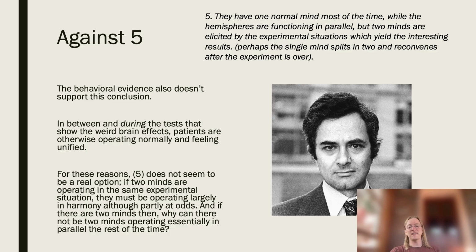And what's particularly interesting as a reflection by Nagel on these cases is that in the experimental conditions, where it looks like there might be two minds living simultaneously at once, the behavioral evidence doesn't seem to support either a one-mind or two-mind hypothesis, precisely because the behavior of the two hemispheres of the brain is simultaneous, that the action and the perception occurs at the same time.